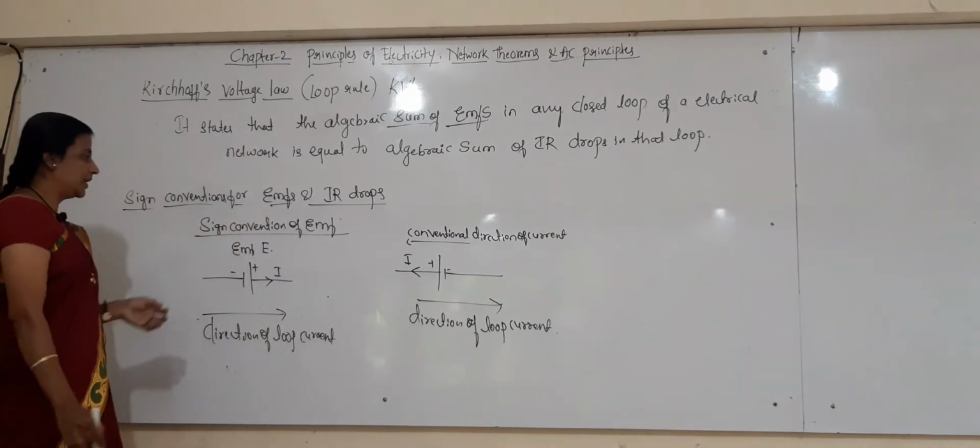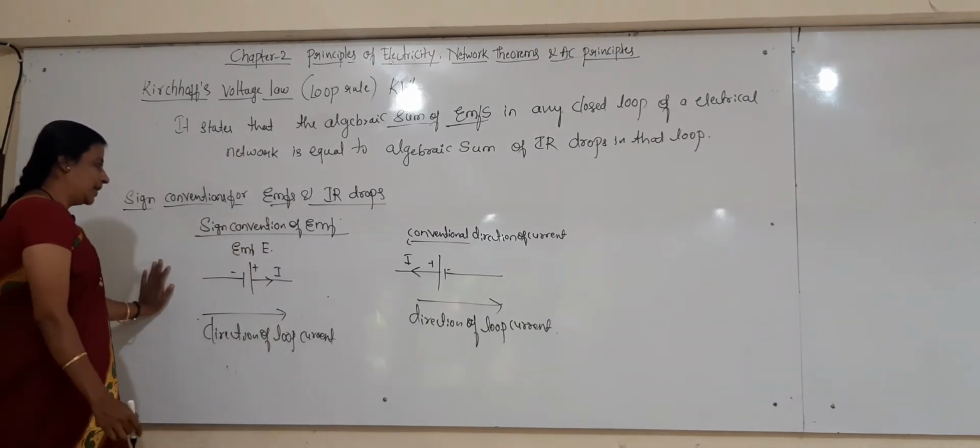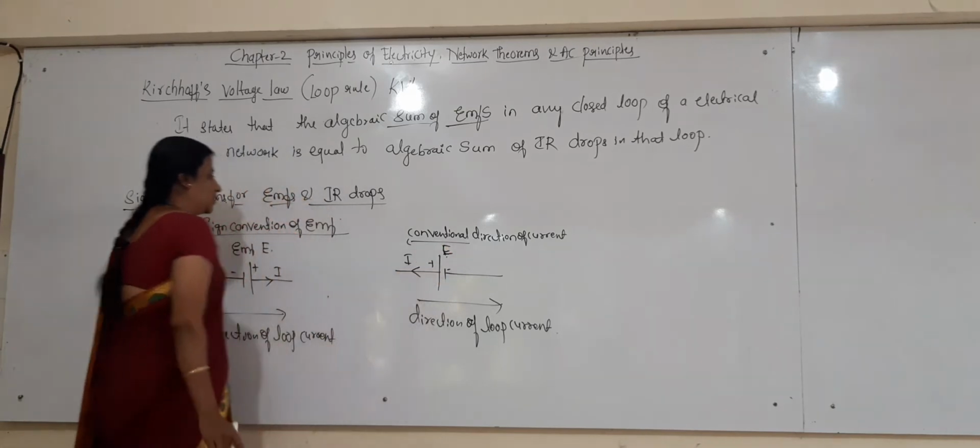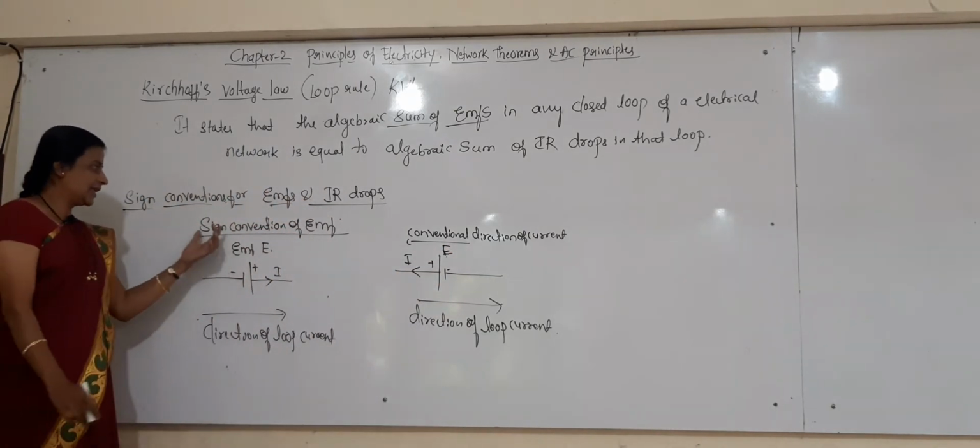Conventional direction of current and direction of loop current. Then here EMF E. So the first is the sign convention here.